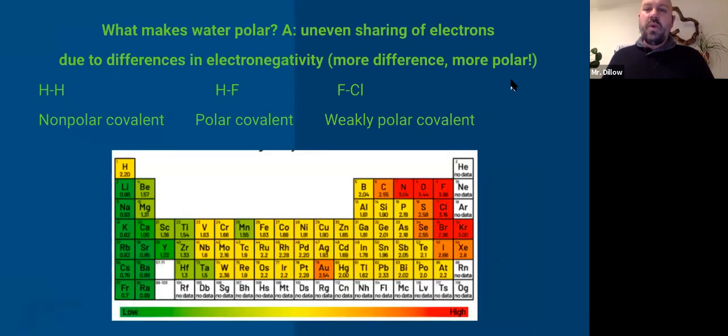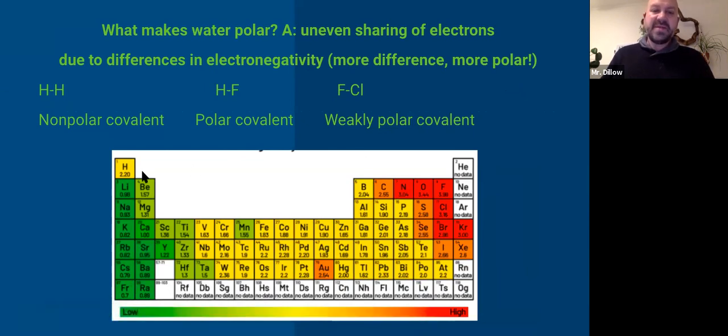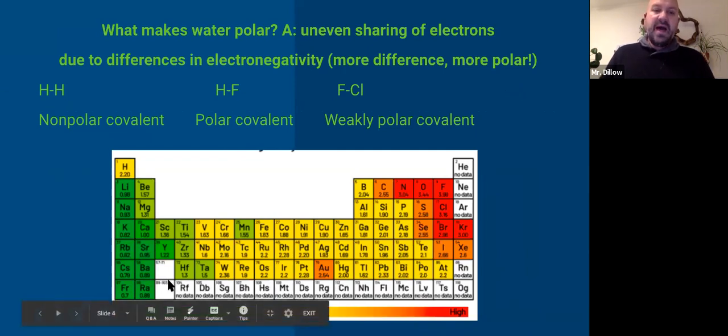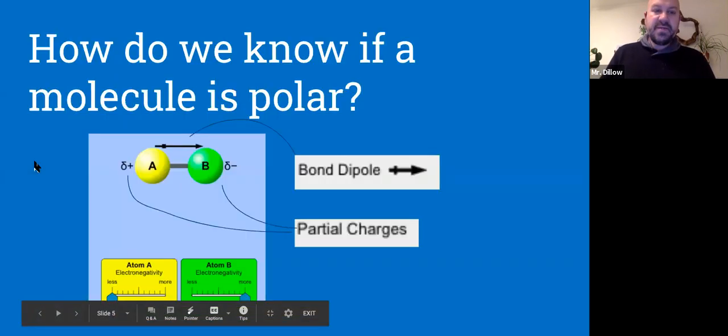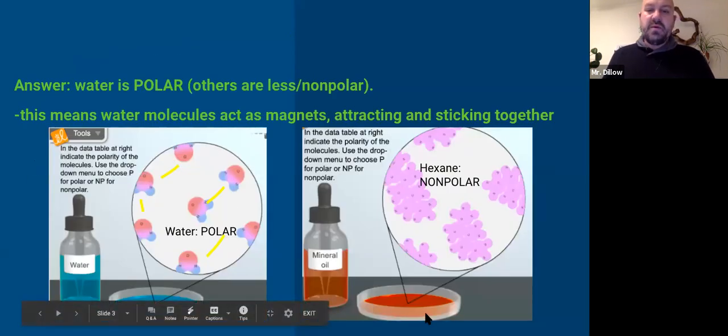So what makes water polar? Essentially, the difference in electronegativity is what is going to make it polar, because as we saw in the last slide, there's sort of two different regions of water. There's the hydrogen side of water and there's the oxygen side of water.